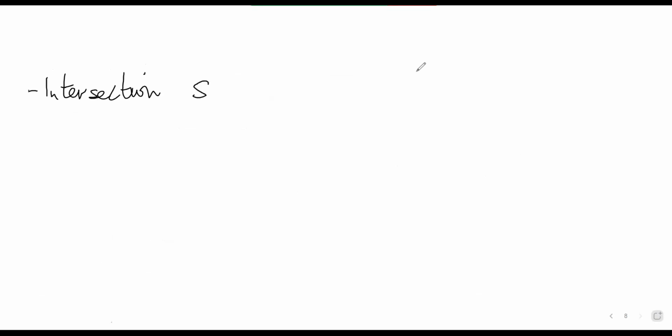So the symbolism for intersection is S intersection T, which is equal to x such that x is a member of S and x is a member of T. And it has to be in both S and T. That is when it is an intersection.